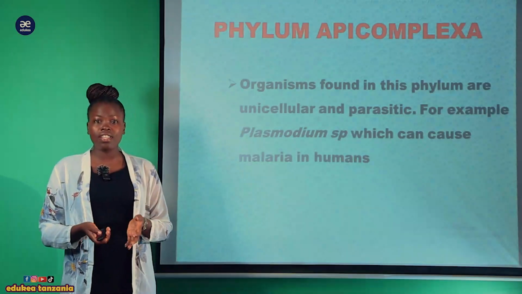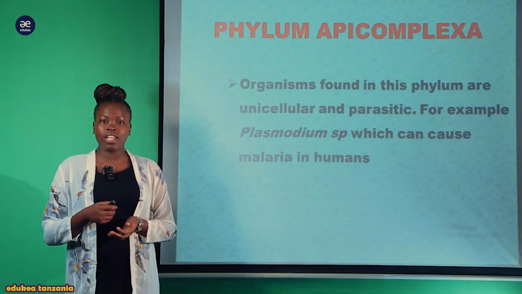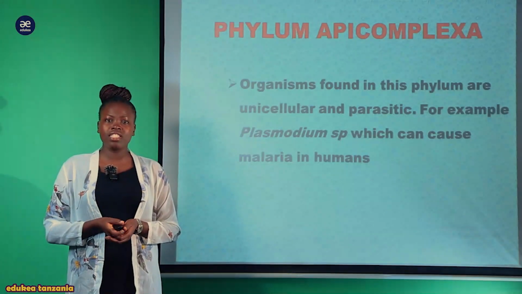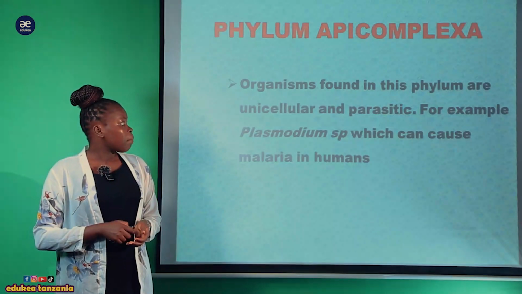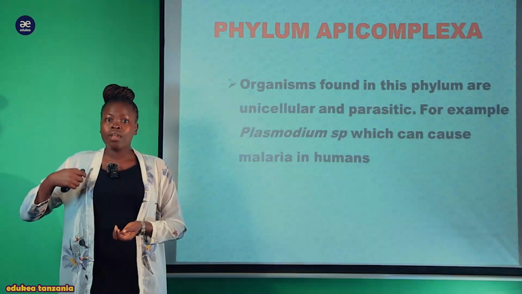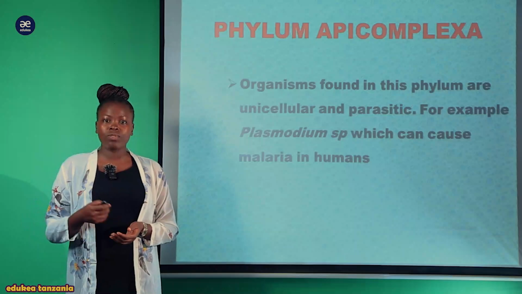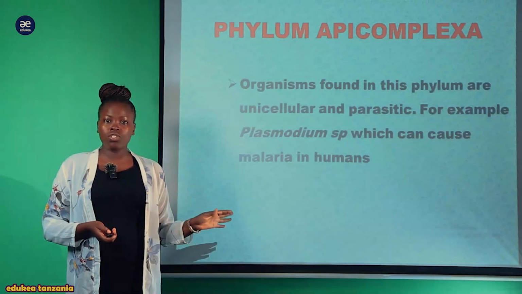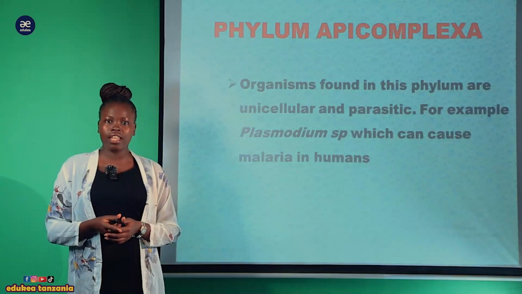Unicellular means they are made up of a single cell, and parasitic means they depend on other organisms to survive. Also, when they depend on other organisms, they affect the host cell.